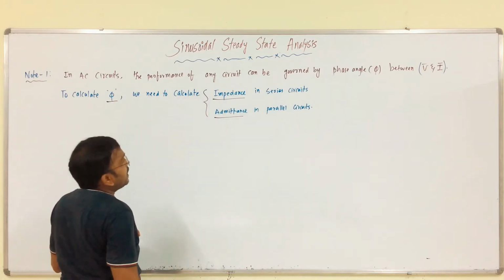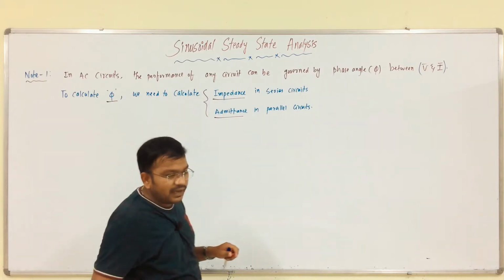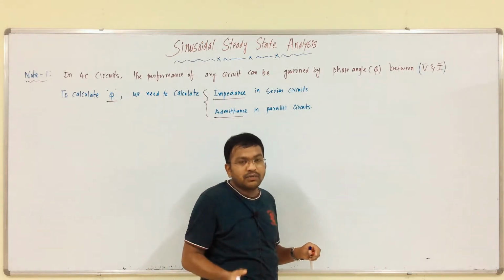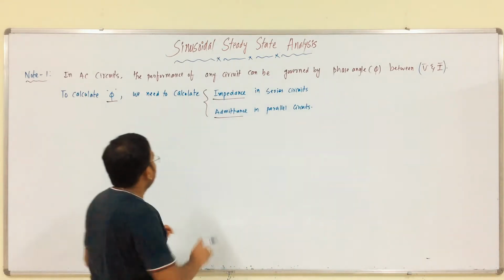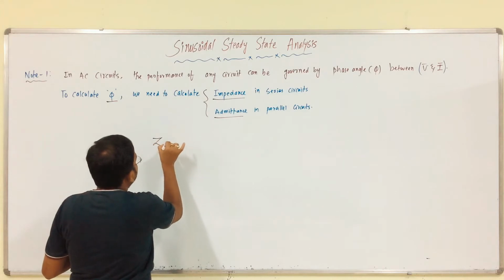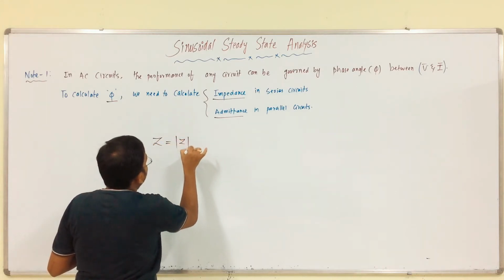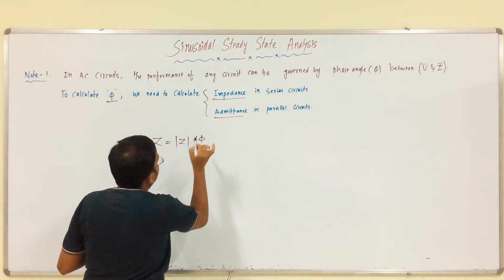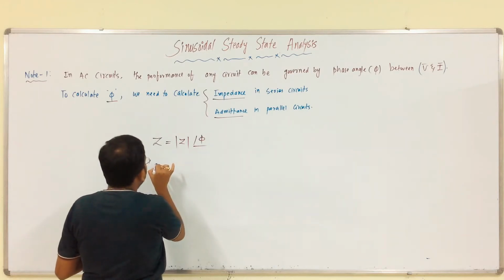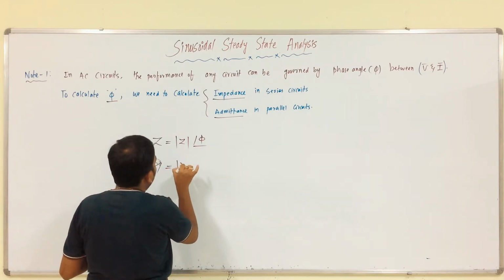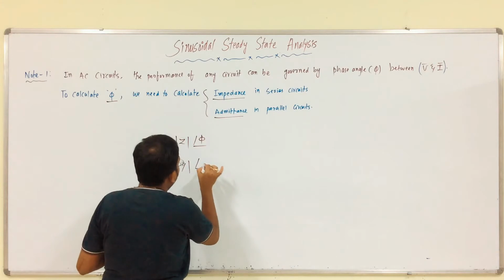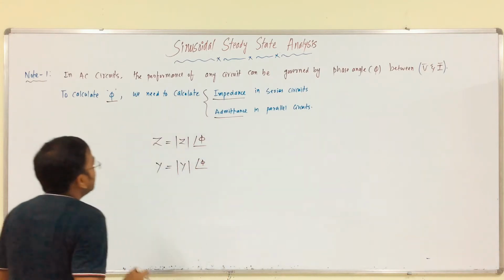So, we all know that in series circuits we have to calculate the impedance, in parallel circuits we have to calculate the admittance. So, impedance is nothing but mod Z at an angle phi, like that admittance is mod Y at an angle phi, right.